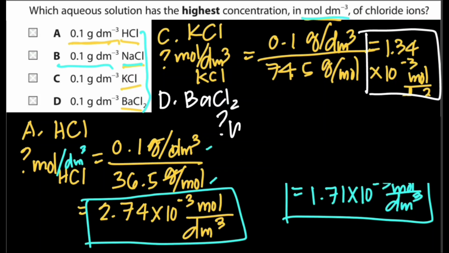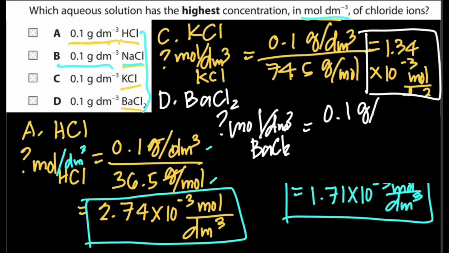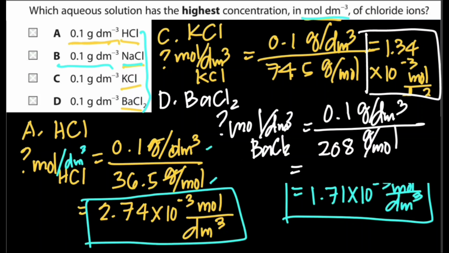So the number of moles per cubic decimeter of barium chloride is just equal to the given mass per cubic decimeter, which is 0.1, divided by the molar mass of this, which is 208 grams per mole. Then its concentration would be 9.62 times 10 to the negative 4 mole per cubic decimeters.